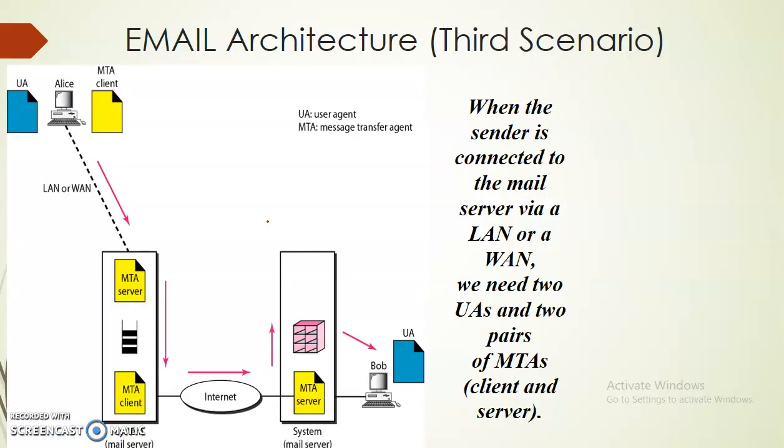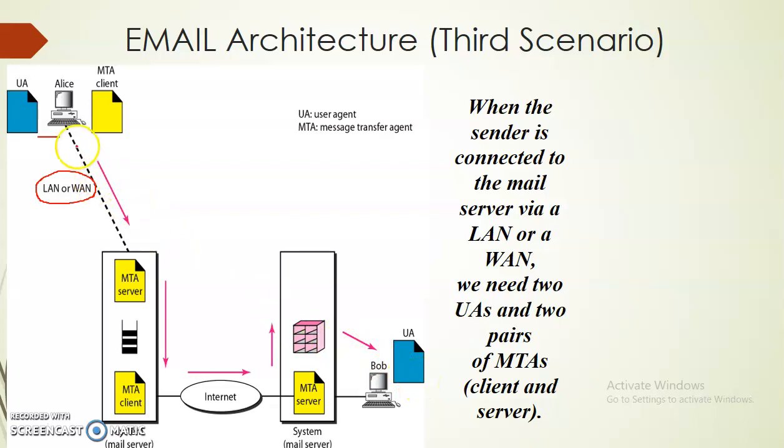Remember that, students. In the next scenario, what happened? Let us see the difference. The sender is connected to the mail server with the help of a LAN or WAN, whereas the receiver is directly connected to the mail server, right?